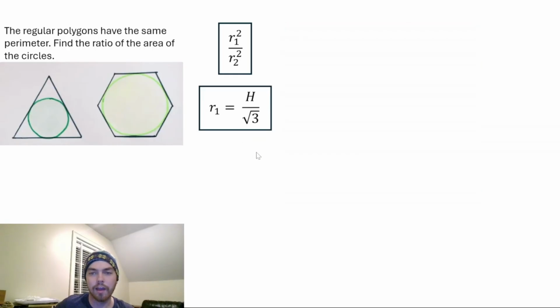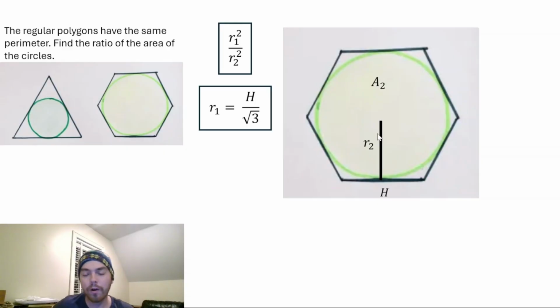Now let's look at the hexagon. We're going to start by drawing the angle bisector right here. Now we have a smaller triangle. First thing we notice is we have a 90-degree angle right here. And since this line segment cuts this angle in half, we need to find out what half of this whole angle is.